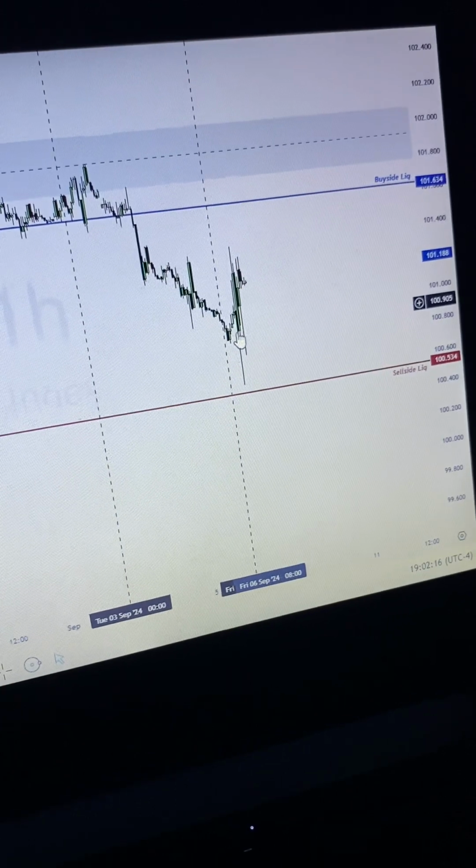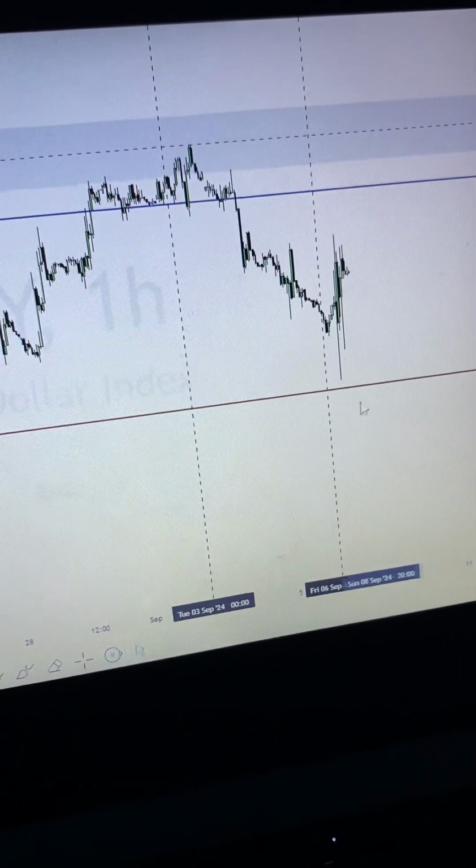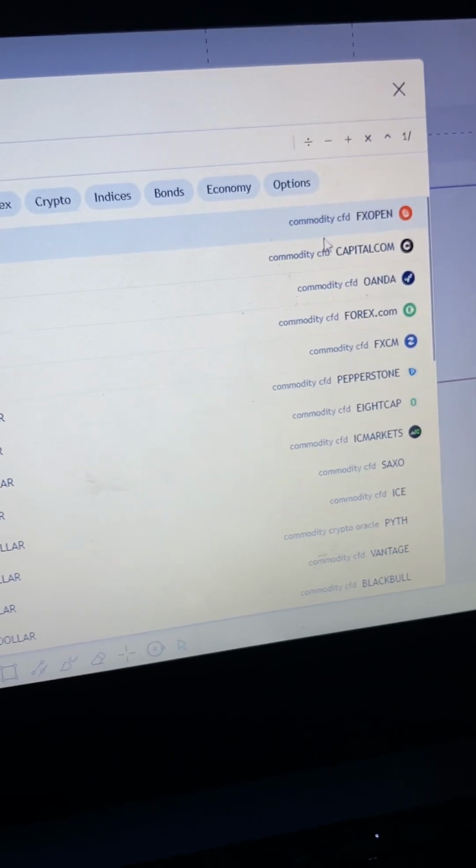But I don't trade NFP, so it was just an anticipation, not that I wanted to enter sells or buys, but just for fun. There was a draw on liquidity that was not taken, so it is still intact. For the next coming trading days, you can look at that for reference or targets.